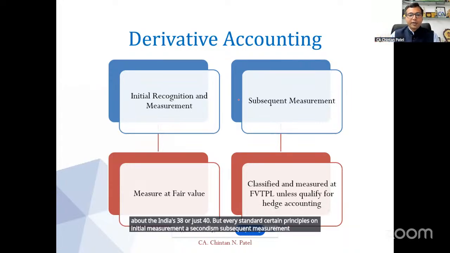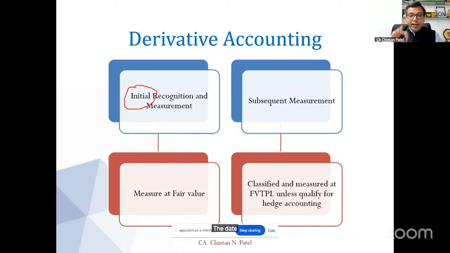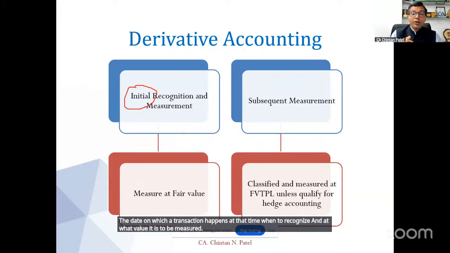Initial recognition and measurement means at the time of the transaction, on the date on which the transaction happens, when to recognize and at what value it is to be measured.